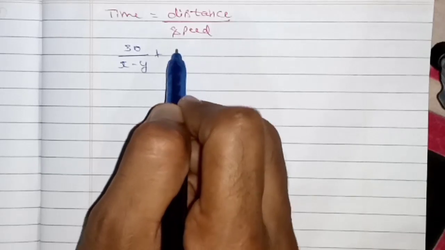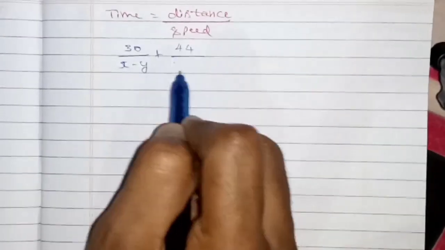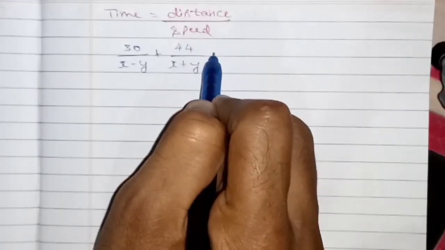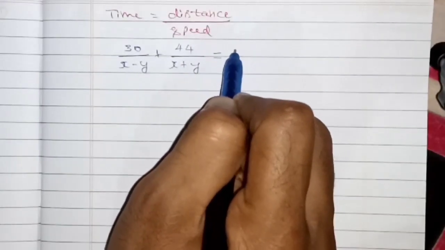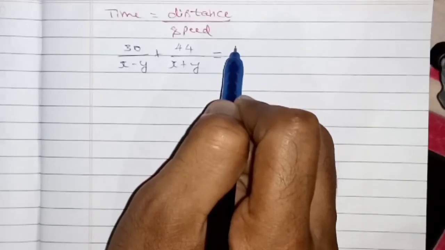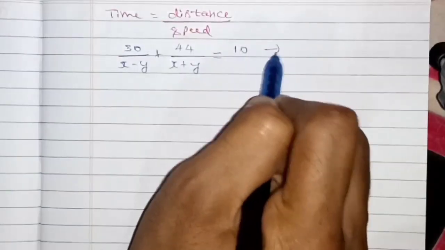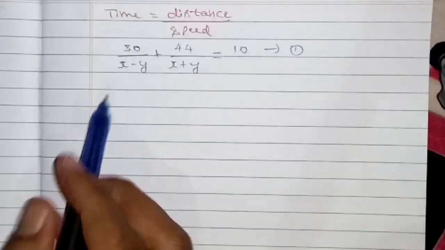For the downstream, 44 is the distance, divided by the speed x plus y, and that equals the total time taken by the boat, 10 hours. So this is the first condition, children, right?